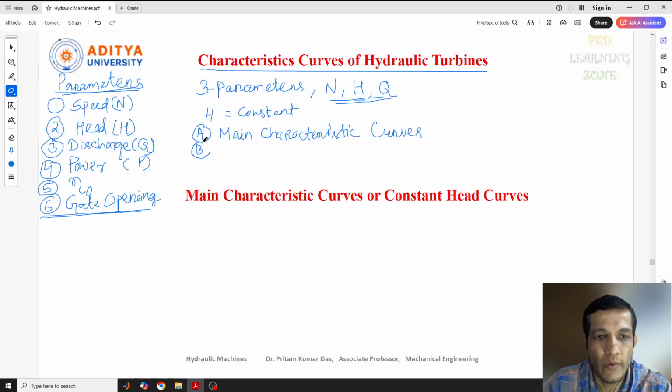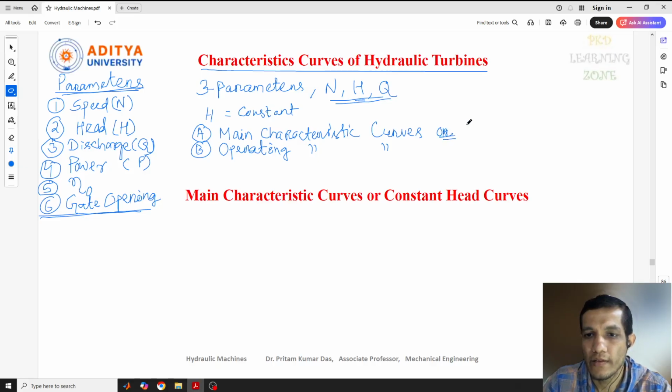Similarly, the second one is the operating characteristics curve, which is a constant head curve where we need to consider the constant speed.